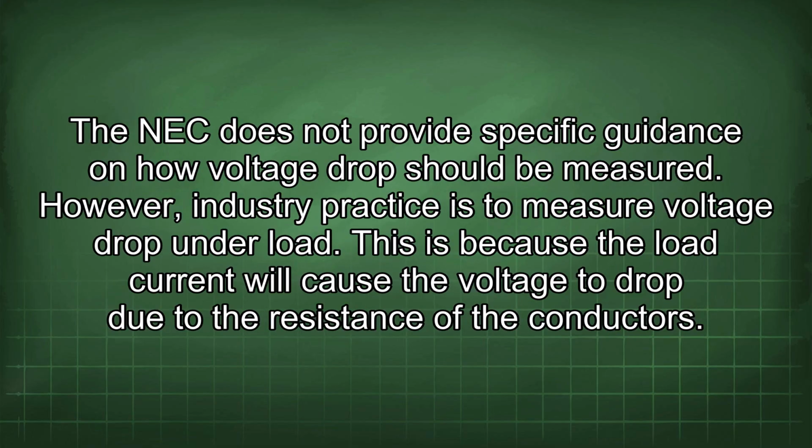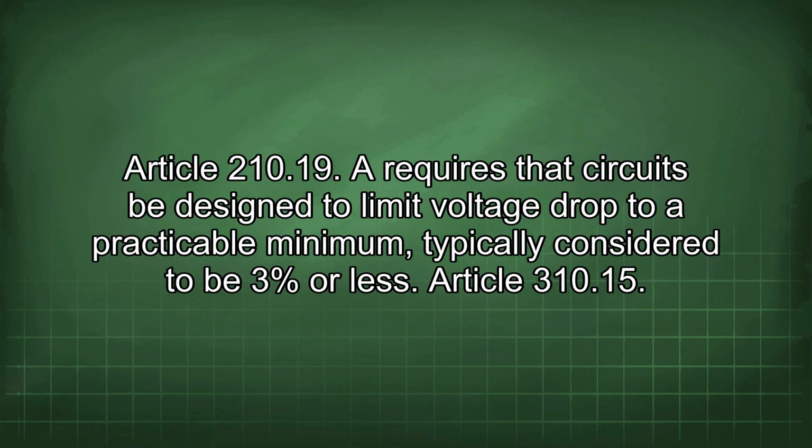The NEC does not provide specific guidance on how voltage drop should be measured. However, industry practice is to measure voltage drop under load. This is because the load current will cause the voltage to drop due to the resistance of the conductors. Article 210.19 requires that circuits be designed to limit voltage drop to a practicable minimum, typically considered to be 3% or less.